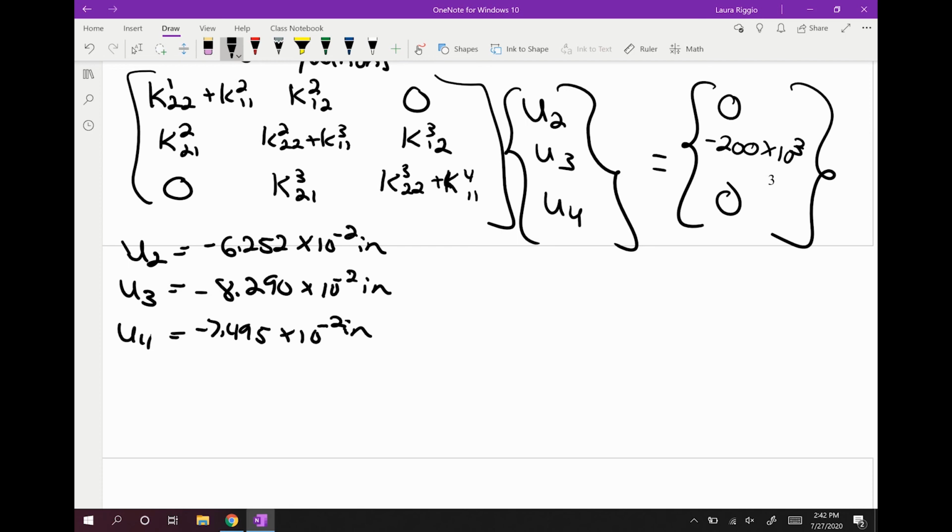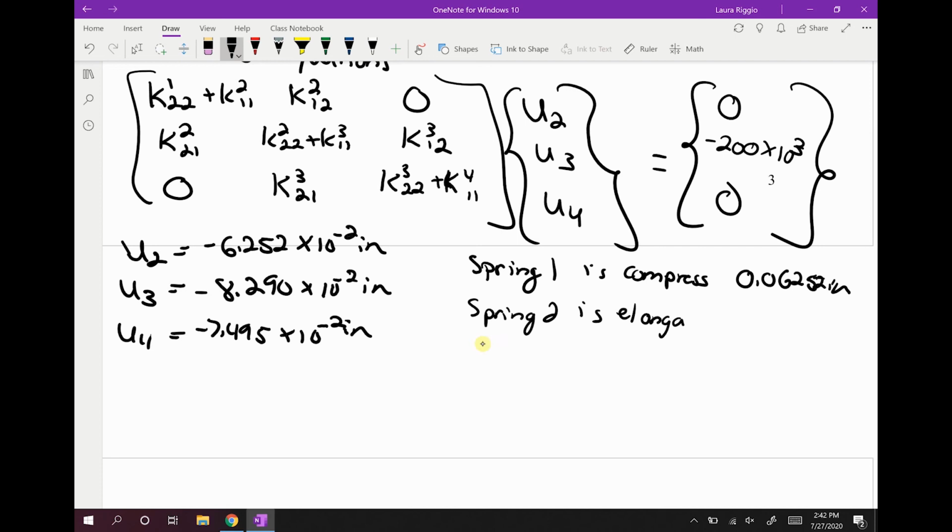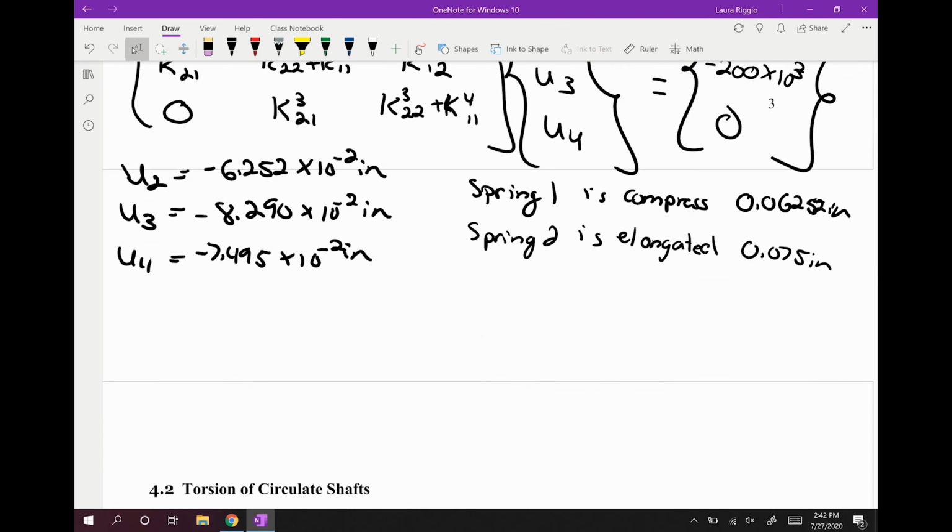So spring 1 is compressed by 0.06252 inches, and spring 2 is elongated 0.075 inches. So we solved most of the problem.